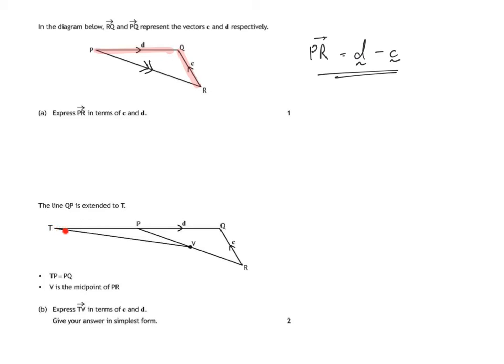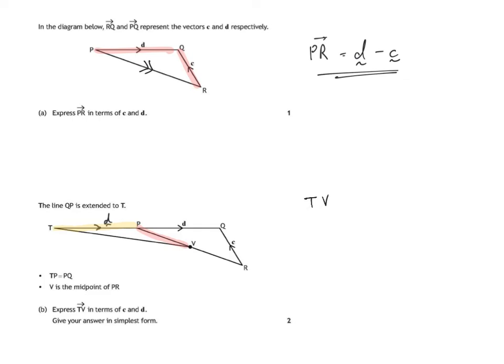Now, I have got absolutely no information about that, so I don't know anything about it in terms of D and C. However, I've been told TP is equal to PQ, and because this is the same straight line, it means this guy here can be represented by the vector D. So to get from T to P, I've got the vector D. Now, all I need to do is get from P down to V. So I can start communicating this.